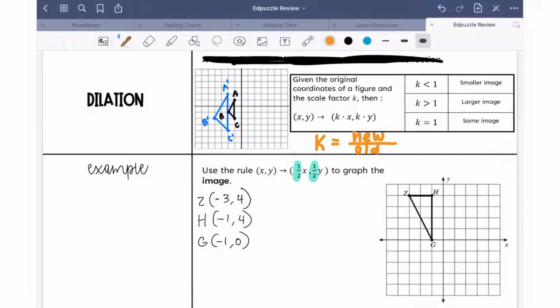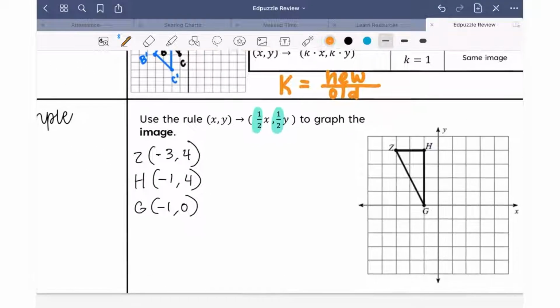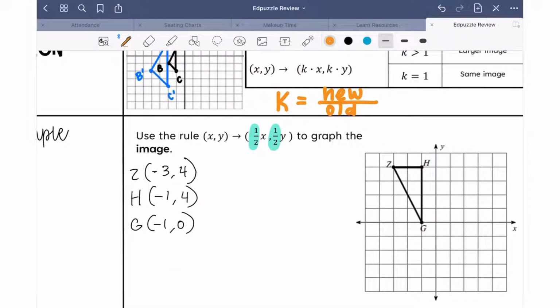Okay, so for this one, I say we actually do the multiplication algebraically rather than trying to guess on the grid, since it is multiplication. So what is half of 3, negative 3? Half of negative 3 is negative 1.5. Half of 4 is 2.